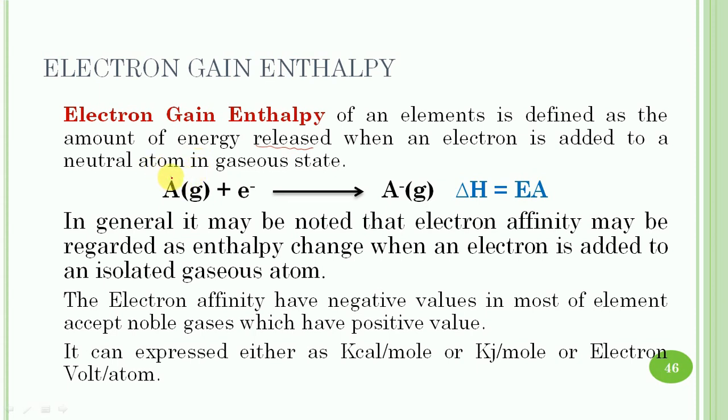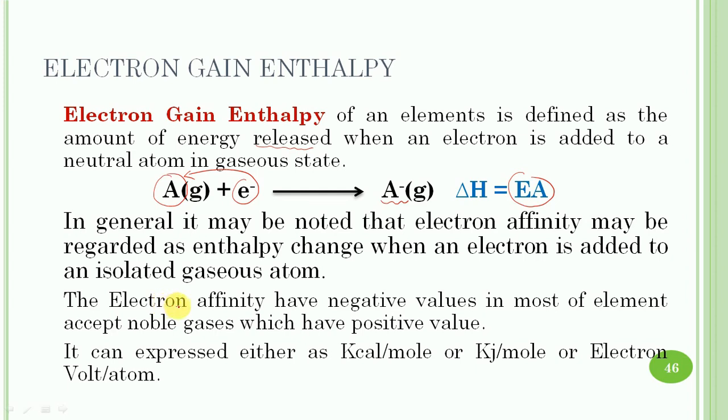So let us consider a neutral atom A in the gaseous state and an electron that is added to it, and it will change into an ion. The amount of energy released in this case, delta H, is equal to the electron gain enthalpy. In general, it may be noted that electron affinity may be regarded as the enthalpy change when an electron is added to an isolated gaseous atom.